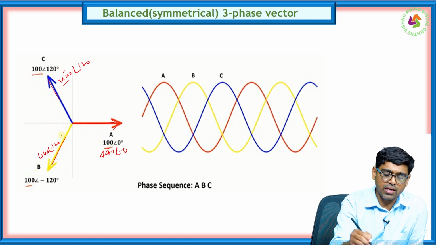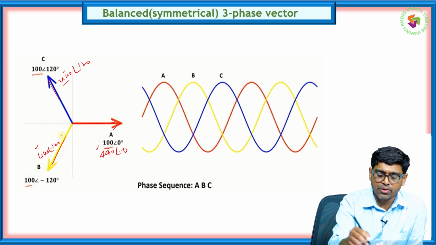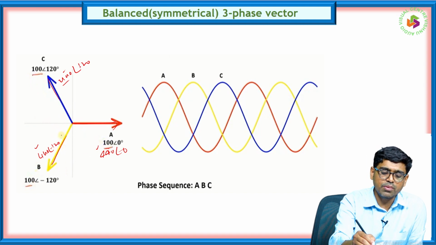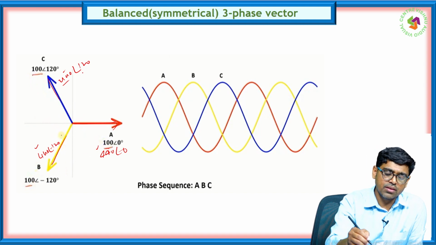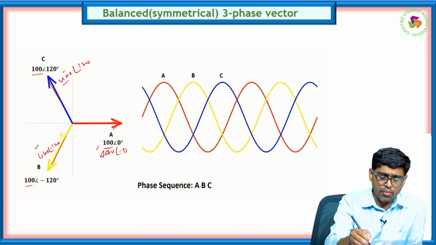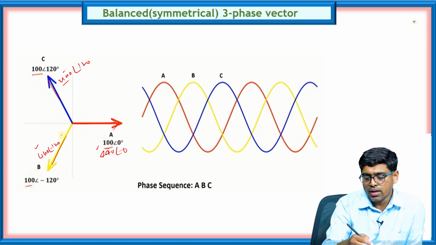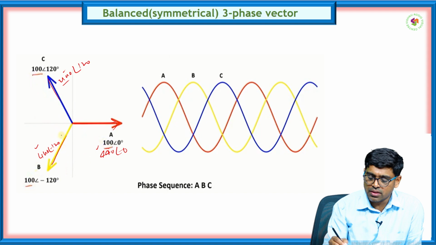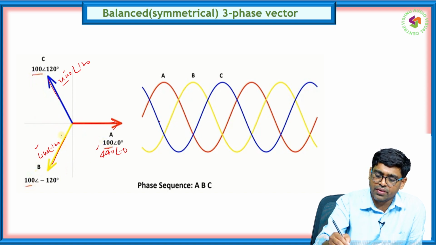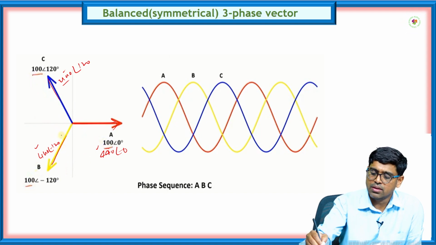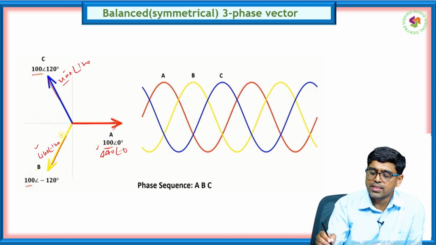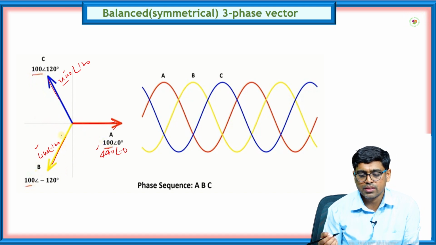We can see the magnitude is the same, but the phases are displaced by 120 degrees, like plus or minus 120, 240. In the three-phase sequence, we have R phase, Y phase, B phase, or A phase, B phase and C phase. All are displaced 120 degrees each.